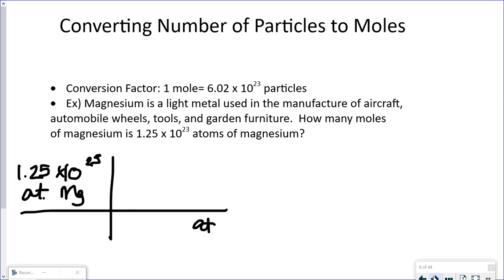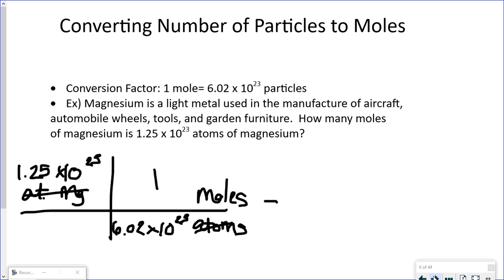So atoms is going to go on the bottom, and we're going to change into moles because that's all that we know. And from our conversion factor, we know that 1 mole is 6.02 times 10 to the 23rd atoms. So that will cancel out our unit of atoms, leaving us with moles, which is what we were looking for. So we're done with our setup.